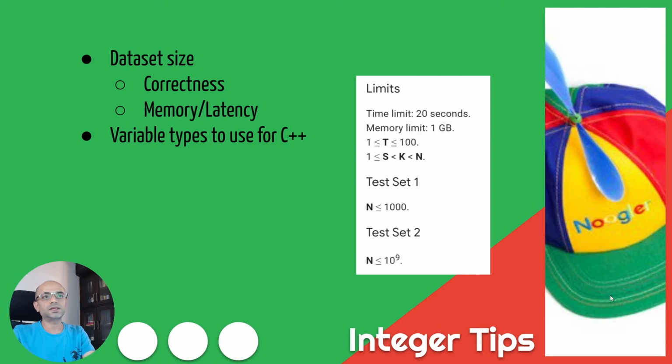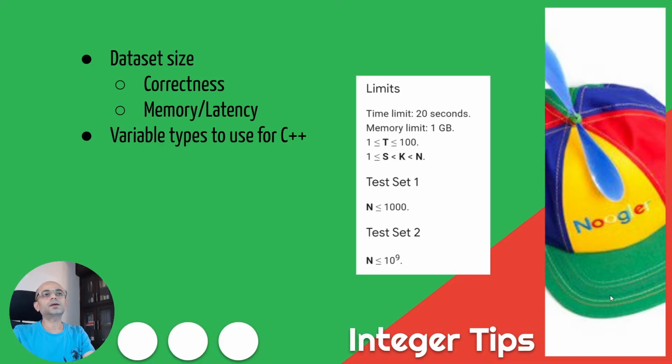Normally you will see test set 1 and test set 2 for each of the problems. Test set 1 will be a smaller size test set, and test set 2 will be for the bigger data size. And you will normally see these numerical limits.